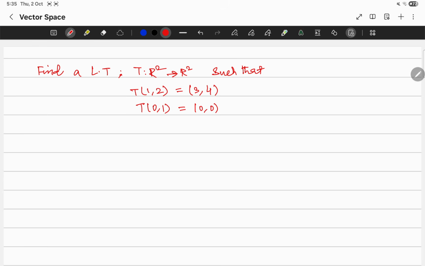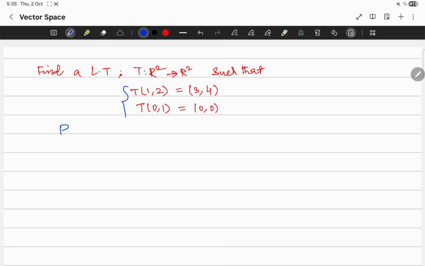So far we have seen that T is given and we can check the image of the points. Now the images of the points are given, so you have to find the T. You can find the T when you are given a basis.